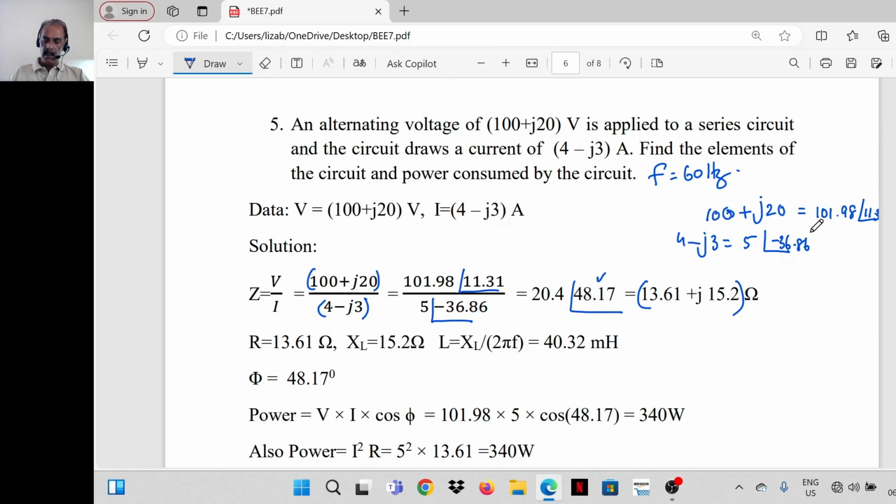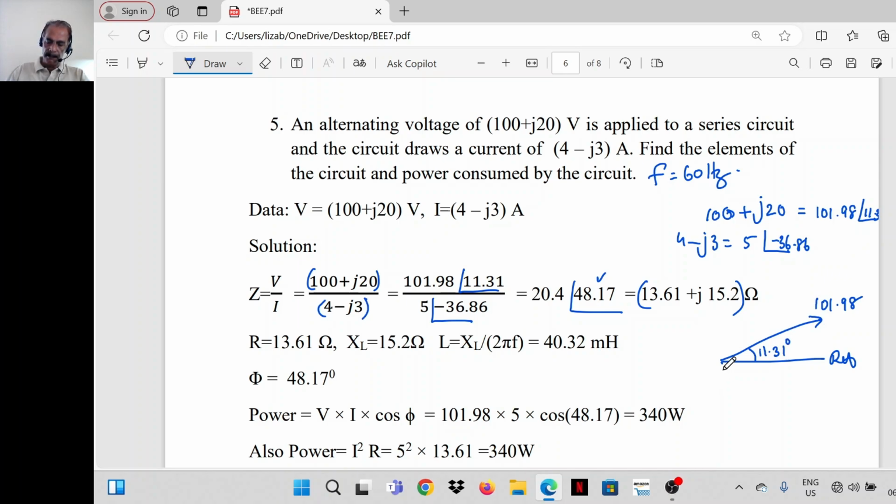So the voltage is 101.98 at an angle of 11.31.